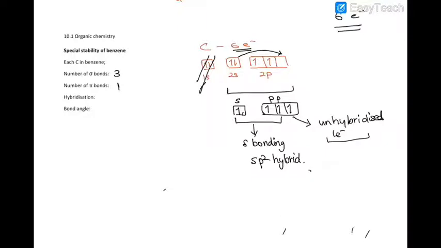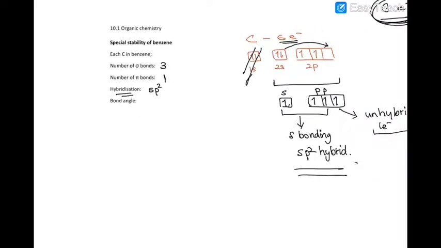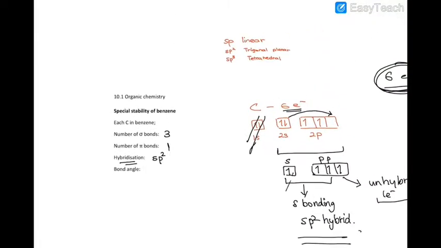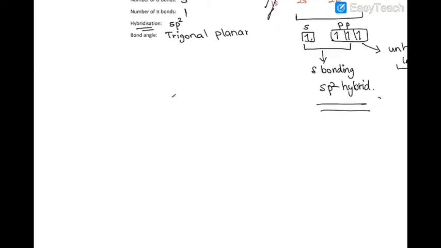It's going to form an electron cloud that is going to be delocalized. So these are delocalized electrons. They're not used in bonding. So the hybridization here is sp2 hybrid. These electrons are involved in the sigma bonding, and if it's sp2 hybrid, it's trigonal planar. This is why we say that.